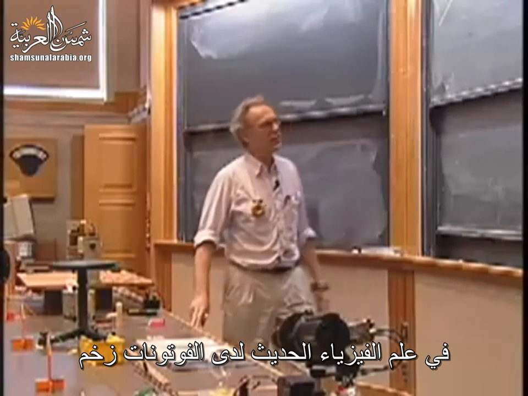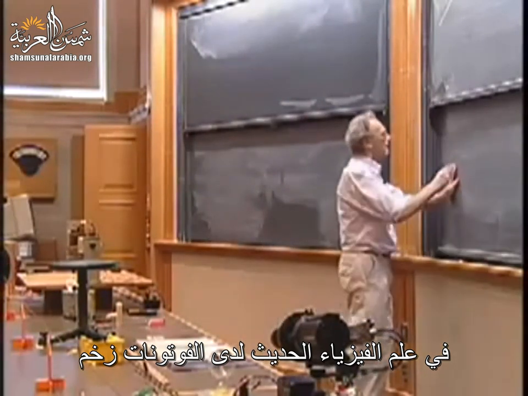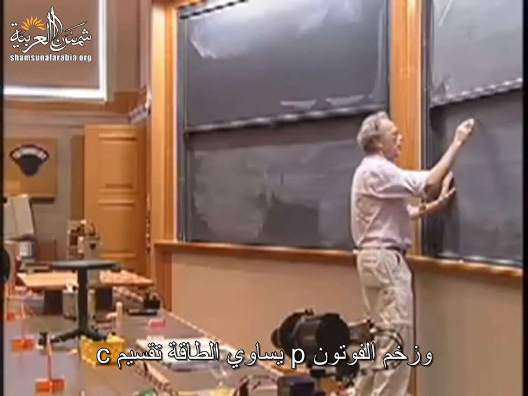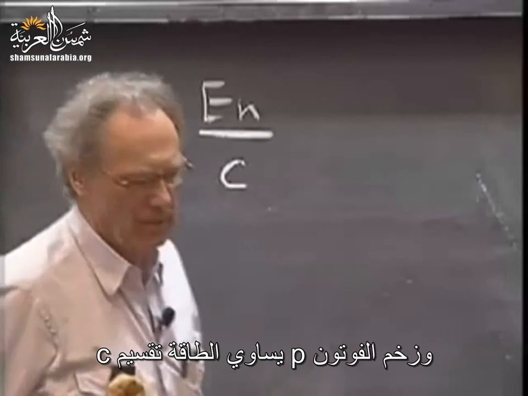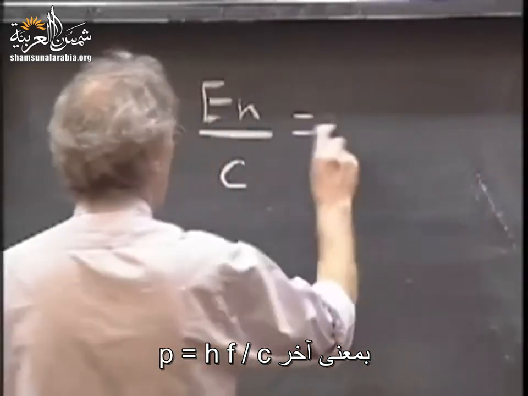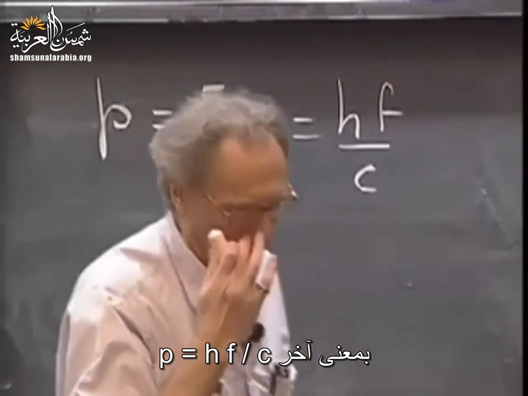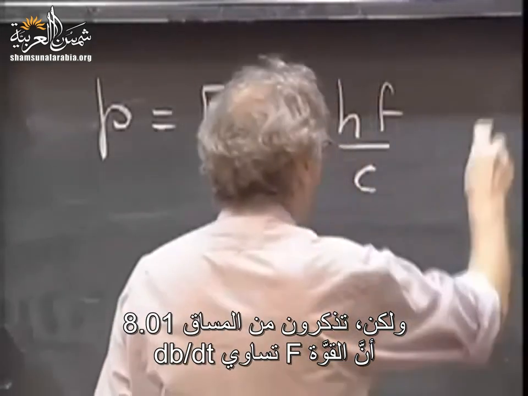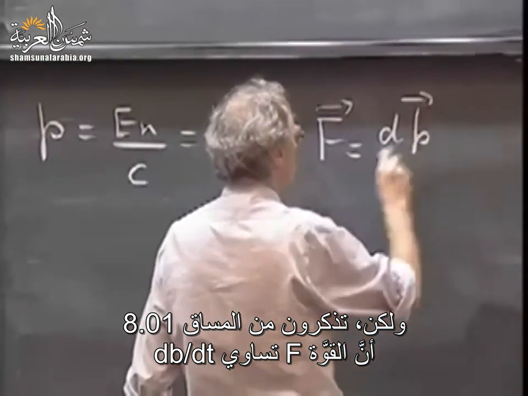So in modern physics, photons have momentum. And the momentum of a photon, P, is the energy divided by c. In other words, it is also hf divided by c. But you remember from 8.01 that the force is dP/dt.